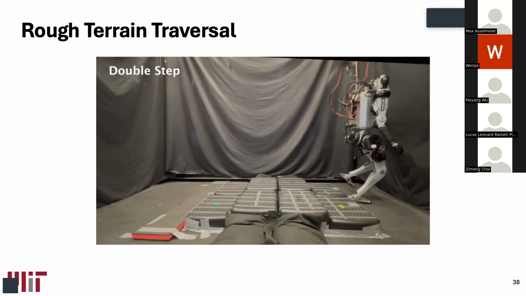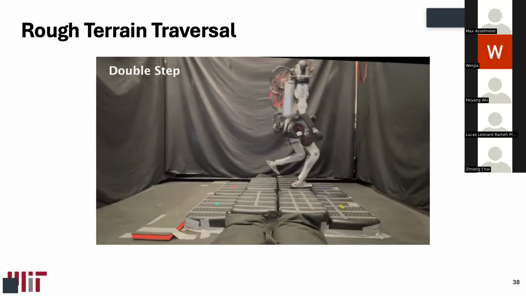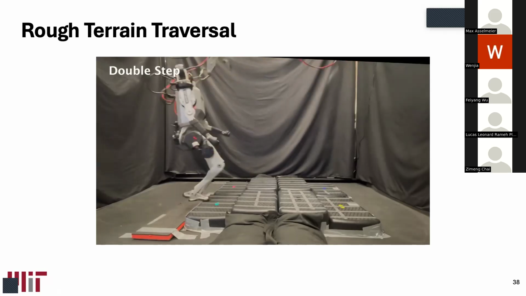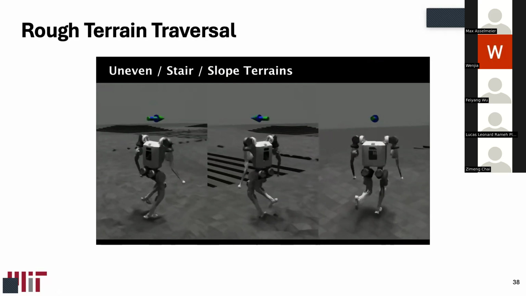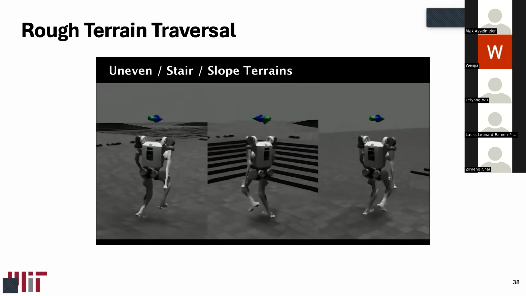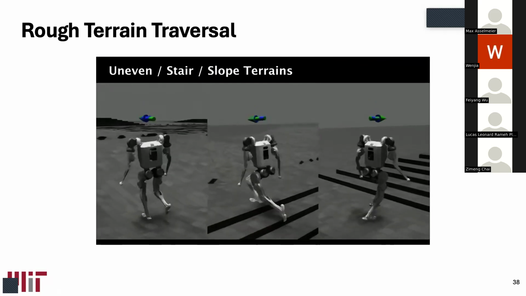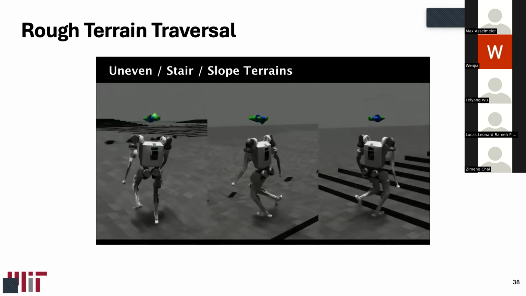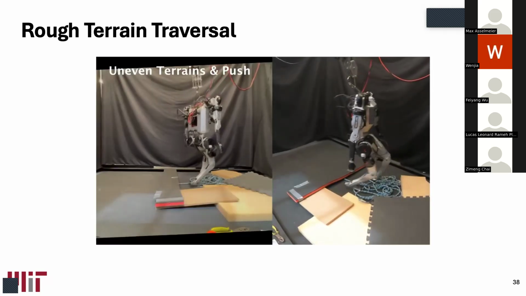It's a little hard to observe from video, but I wonder if you observe this kind of aggressive, protective arm motion when the robot steps on an obstacle or steps down from one. Probably arm motion might be needed in those cases. Did you observe that kind of aggressive motion?